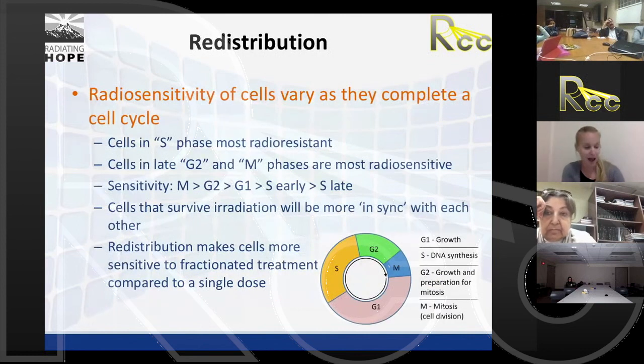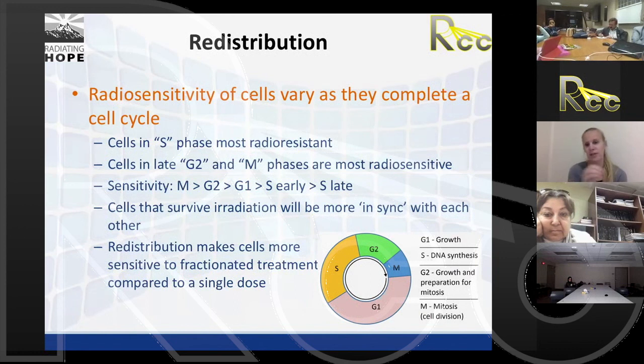The next R is called redistribution. All cells have a cell cycle with different phases: there's a G1, G2, an S phase, and an M phase, which are just different parts of what's going on in the cell. The M phase is where you actually have your cell division, and the G2 phase is where the cell is preparing to divide and multiply.